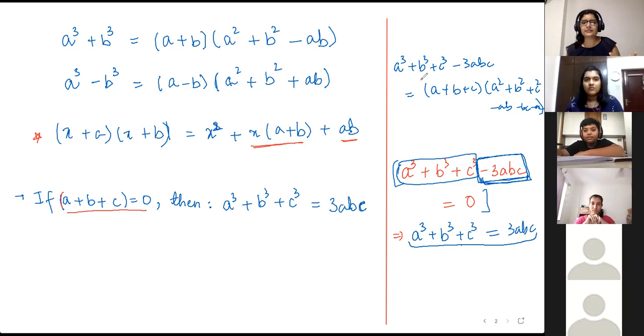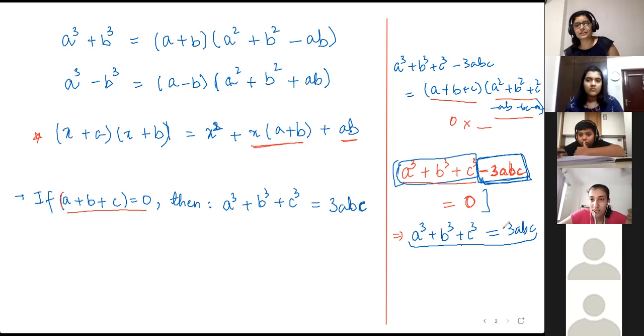In that case, on the RHS I basically get 0 into this whole thing, which is essentially equal to 0, right? So basically I got a cube plus b cube plus c cube minus 3abc is equal to 0. After that I just rearranged it.